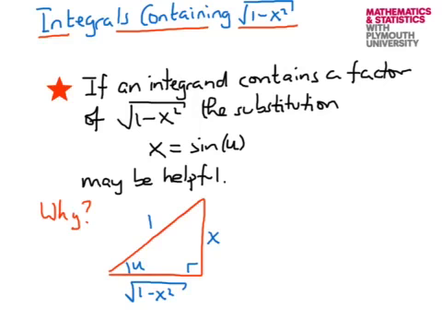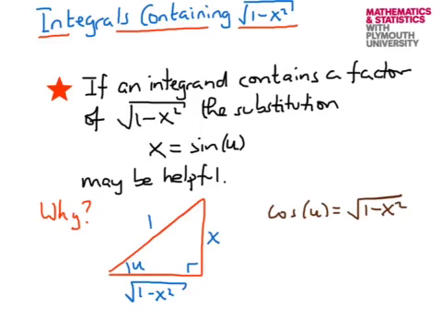So if I say that x is sine u, and I draw such a right angle triangle, I see that the sine of u is x, and I see also that the cosine of u is the square root of 1 minus x squared.